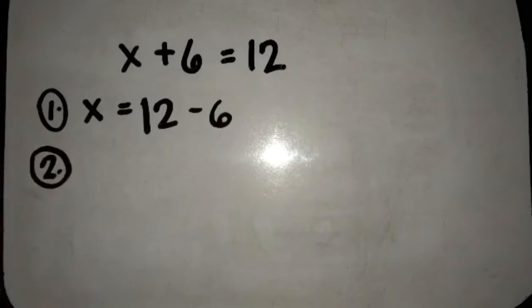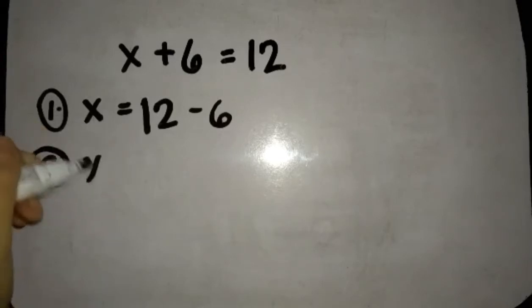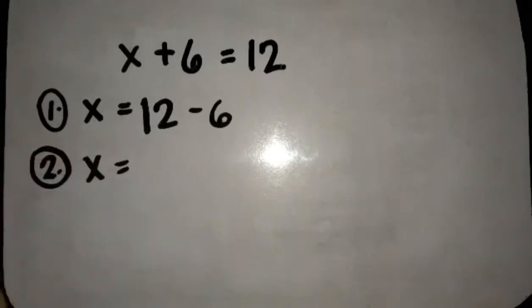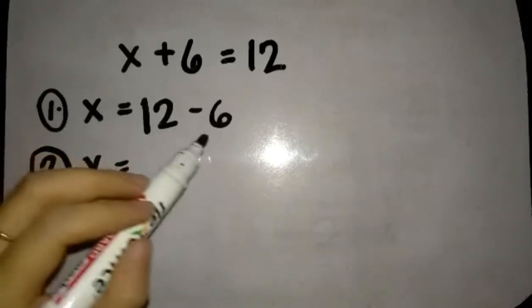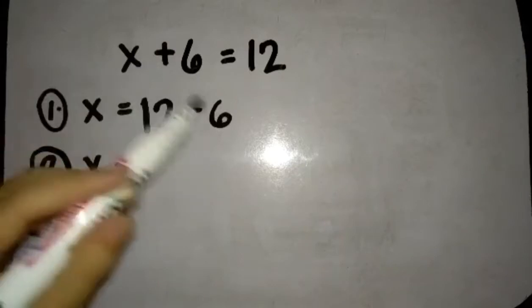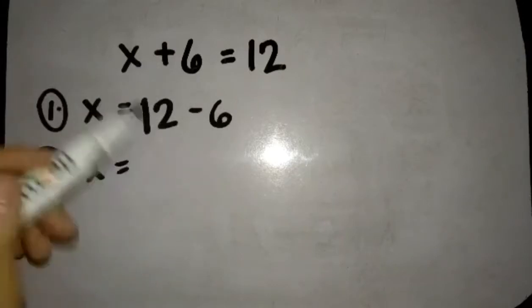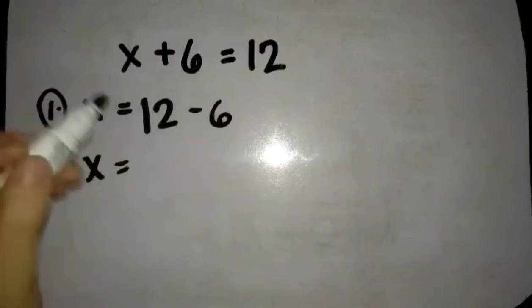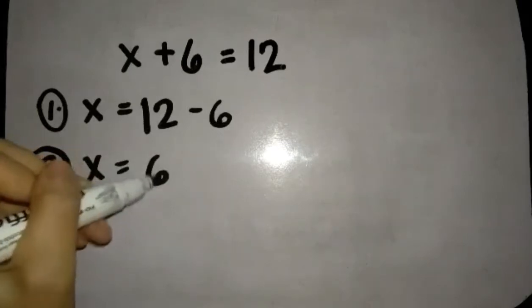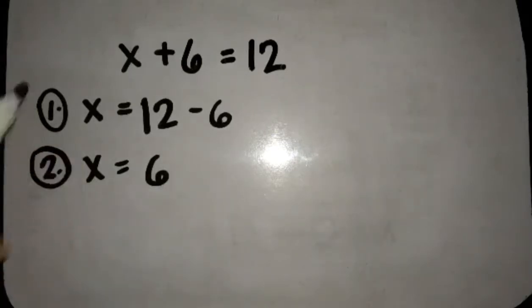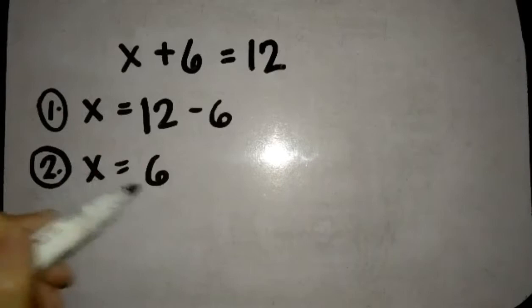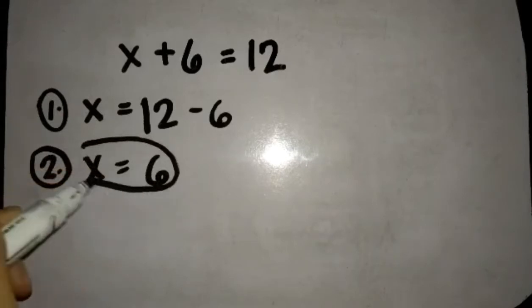Next, x is equal to 12 minus 6. We will just subtract it. 12 minus 6 is equal to 6. And that's the final answer.